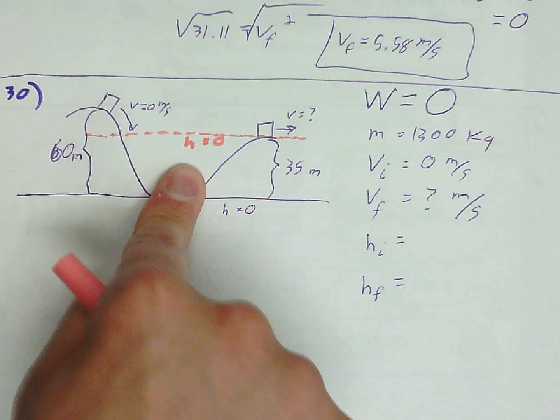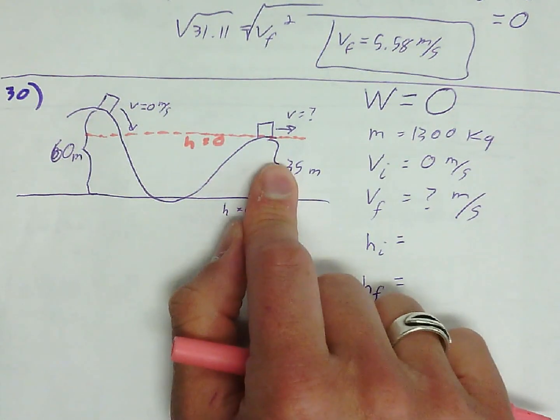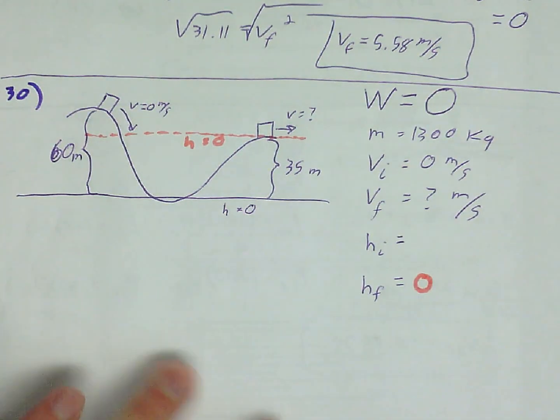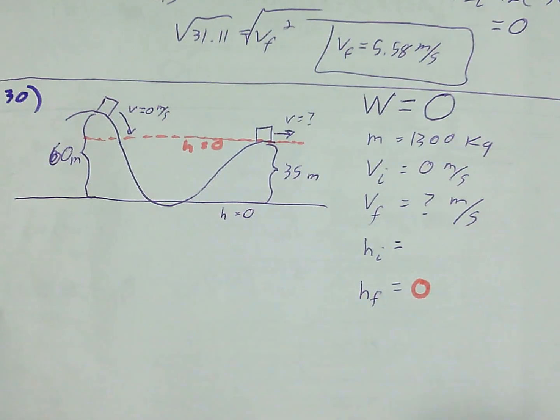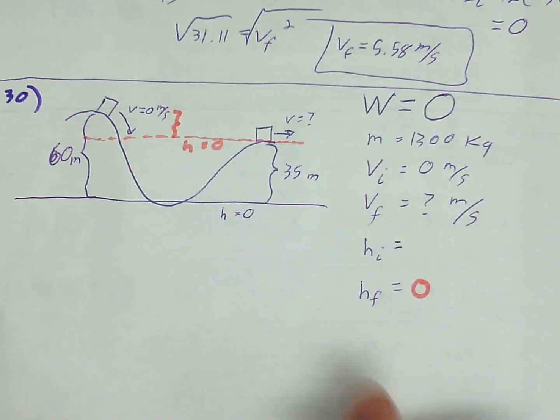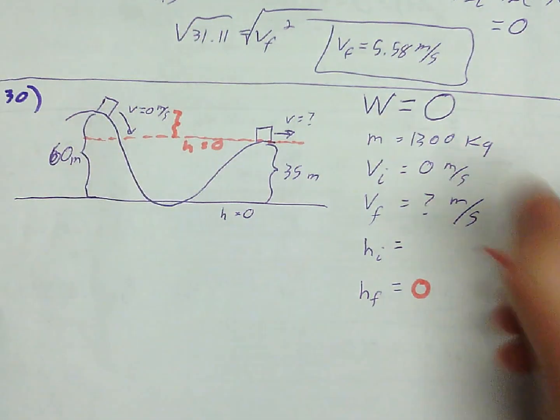If I called the height 0 at the second hill, then H final would be 0. And then my H initial would be, how high is 60 above 35? Well, it's 25 above that.